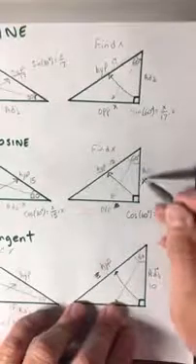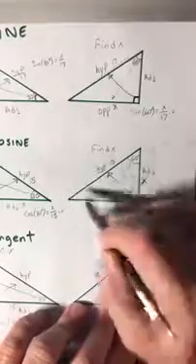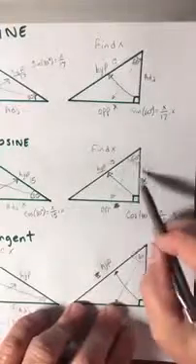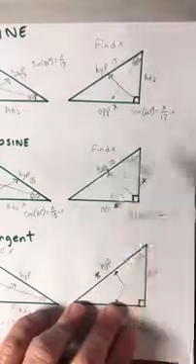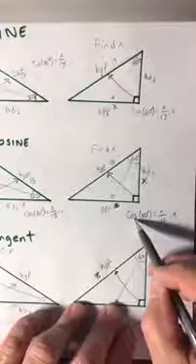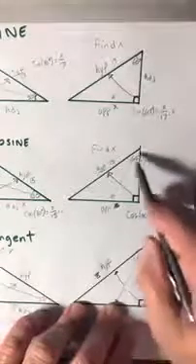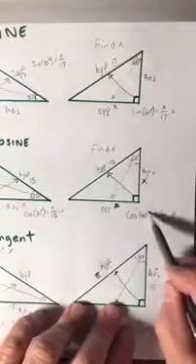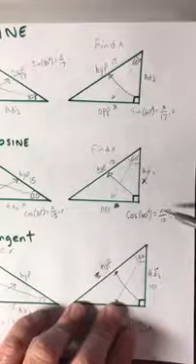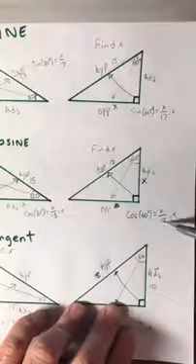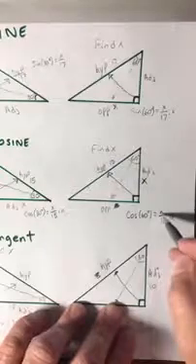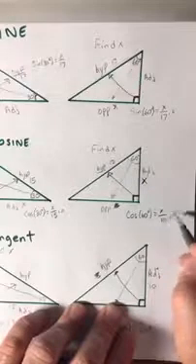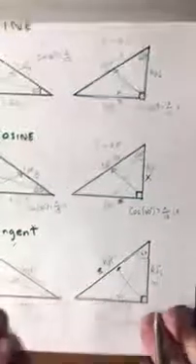We're given this side x, and we're given this side 10, which are adjacent and hypotenuse. That uses cosine. So cosine of that angle inside parentheses with the degree symbol is equal to adjacent over hypotenuse. So my adjacent goes on top, hypotenuse on the bottom, and solve for x.